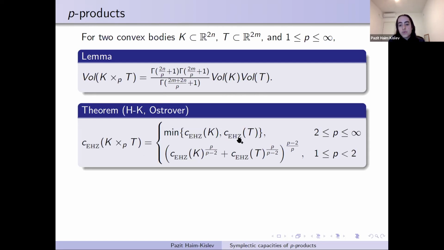And these three orbits always exist for every p. However, for p smaller than 2, this is the minimal, and for p larger than 2, it turns out that this is the minimal one.